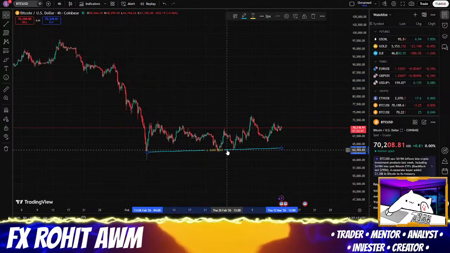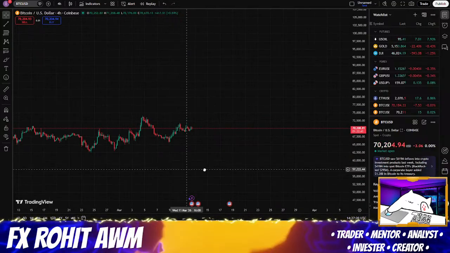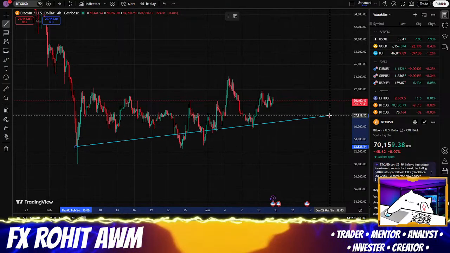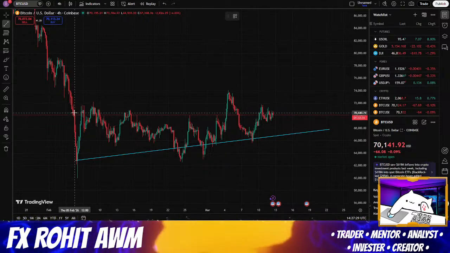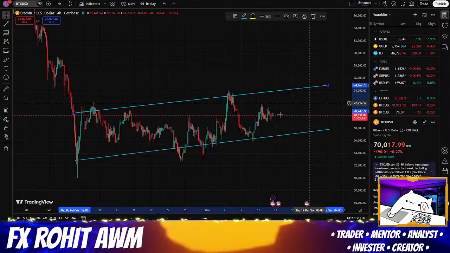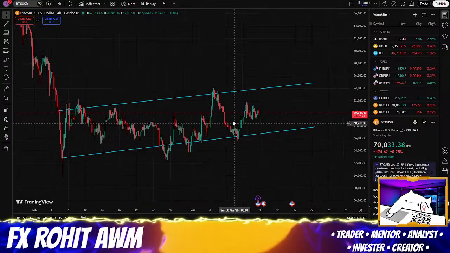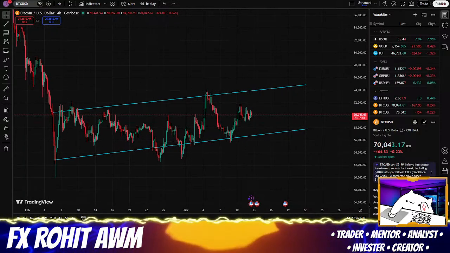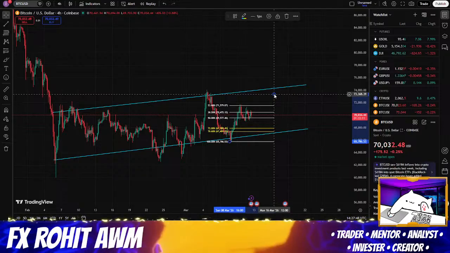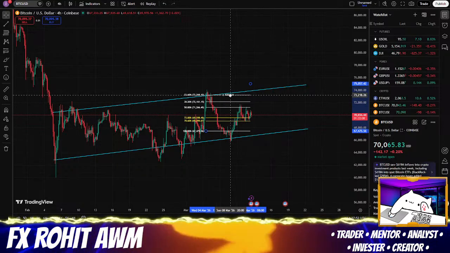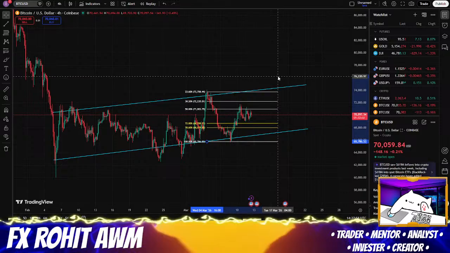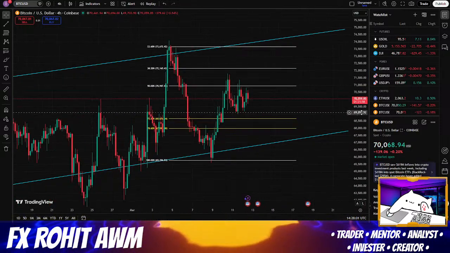Because if you check, market slightly got pushed up, and if you check that level, so if we take a fib here, the market is taking good momentum from here.